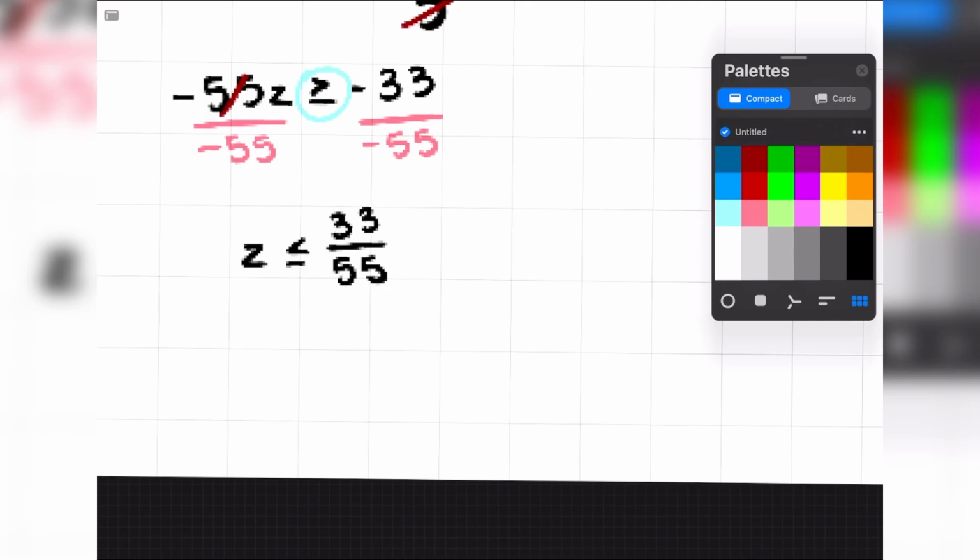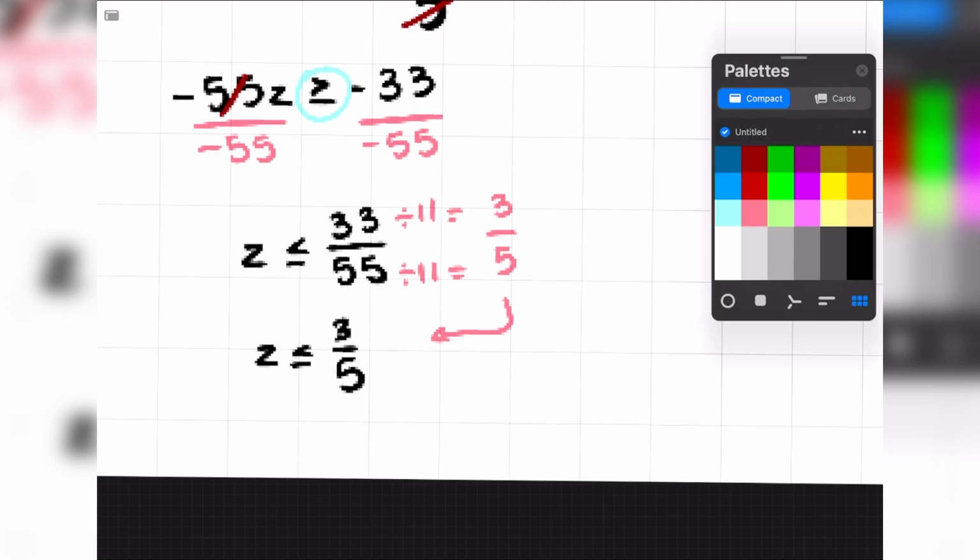While it's technically correct if you've done the math right, it's not simplified, so it will be marked as wrong. So what's the biggest number we can divide both of these numbers by evenly? Just by looking at them, the easiest number that comes to mind is 11. You divide both of these by 11, you get 3 over 5, which is your simplified and true answer. z is less than or equal to 3 over 5 is your answer.